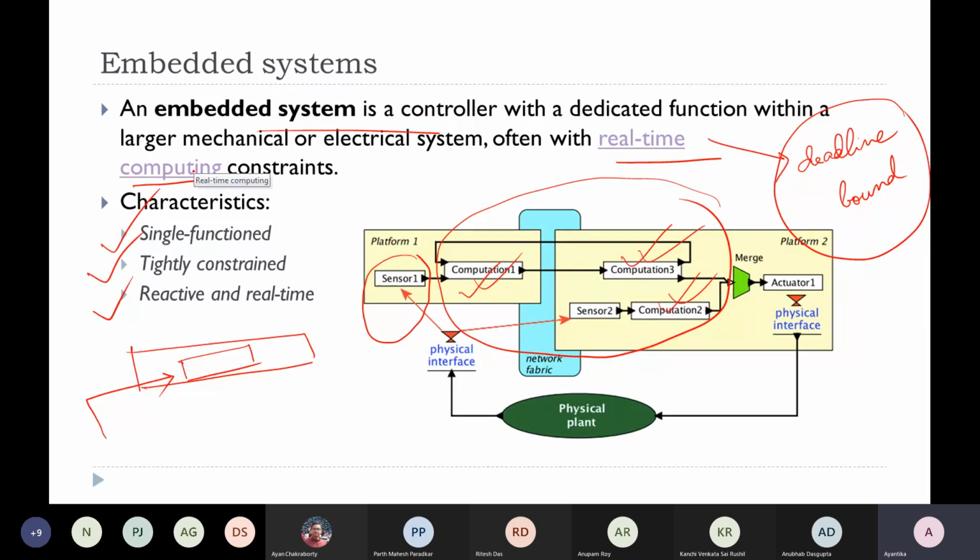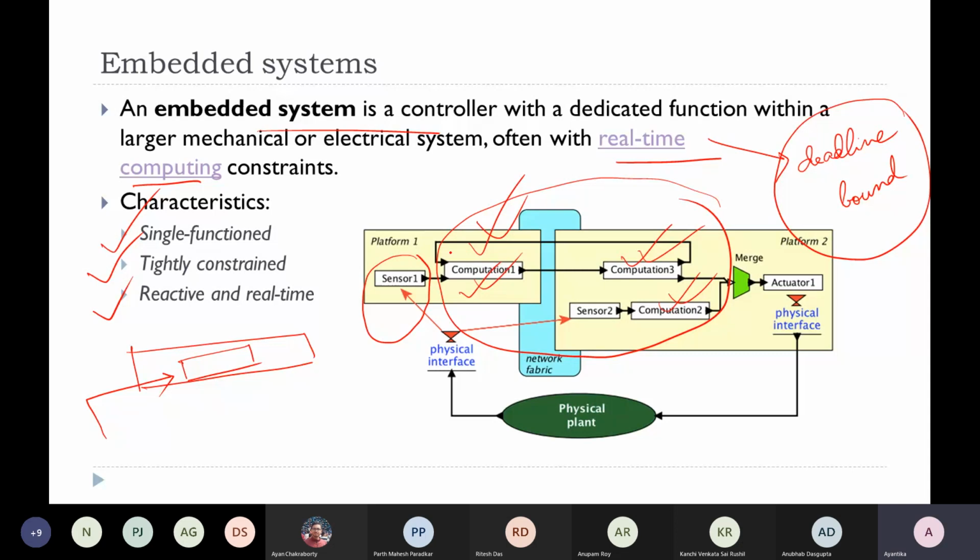Reactive means whenever the sensor is scheduled and fetches the data, your computation blocks are active, because once the new, fresh data is there, the prediction part needs to compute. Okay, because it is for constant monitoring.